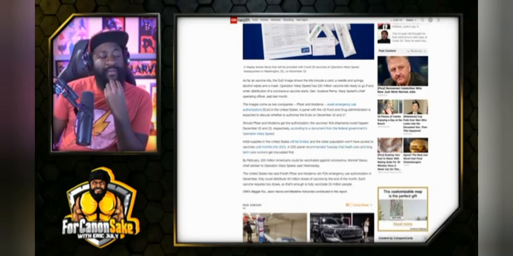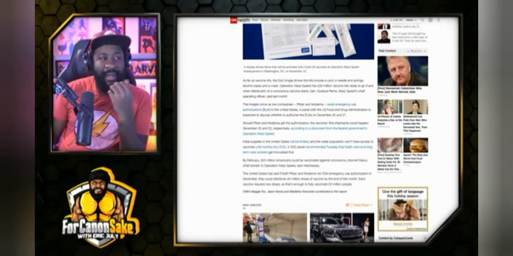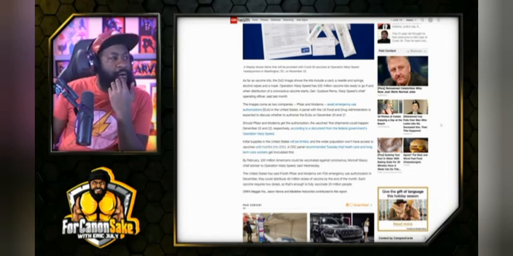Initial supplies in the United States will be limited, and the wider population won't have access to vaccines until months into 2021. It doesn't matter. It's fine, because I'm not taking the shit anyway, so take as much time as you like. By February, 100 million Americans could be vaccinated against the virus. I will not be one of them.